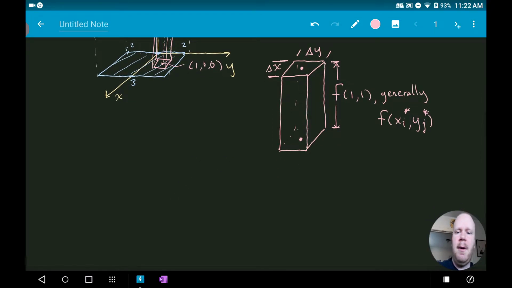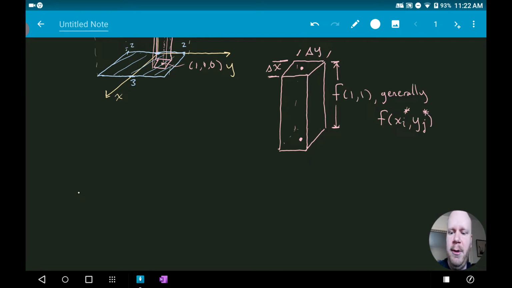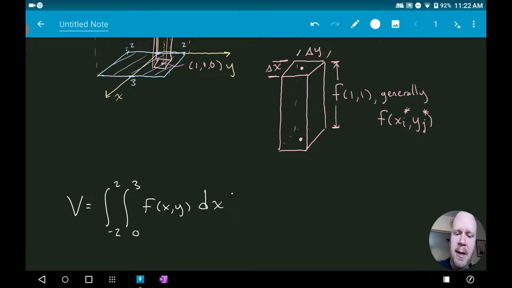So what we can say is if we want to approximate this volume underneath the surface over this region, let's see, so dx, dy, this is approximately equal to the volume of these little pieces, so leave some room here.